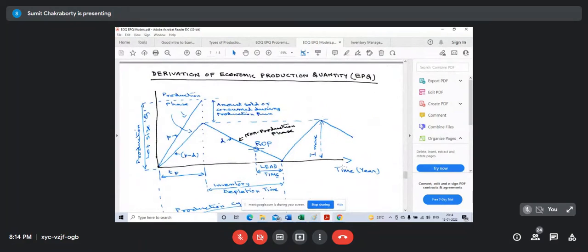This is the 7th page. Derivation of economic production quantity. So we have gone through the assumptions, and as you know, Q means quantity level is along the y-axis and the time is along the x-axis.